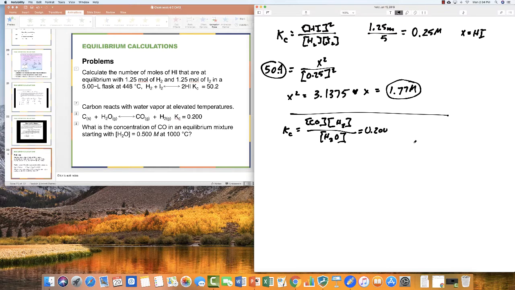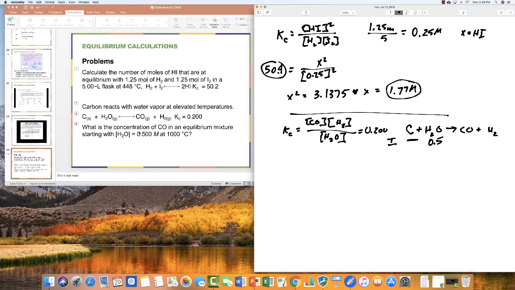And that equals 0.200. Now we said that the equation is C plus H2O goes to form CO plus H2. So initially, it doesn't matter what the carbon is initially because it's not in the formula. The water concentration was given as 0.5.